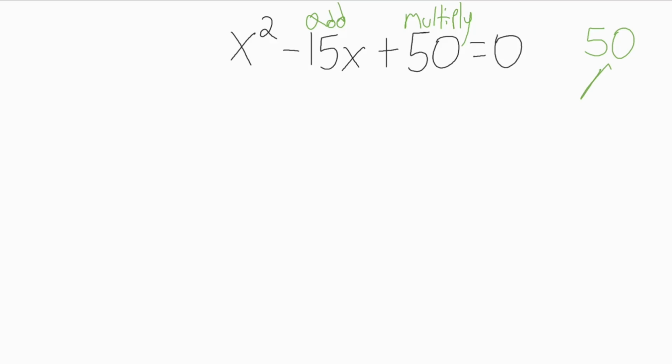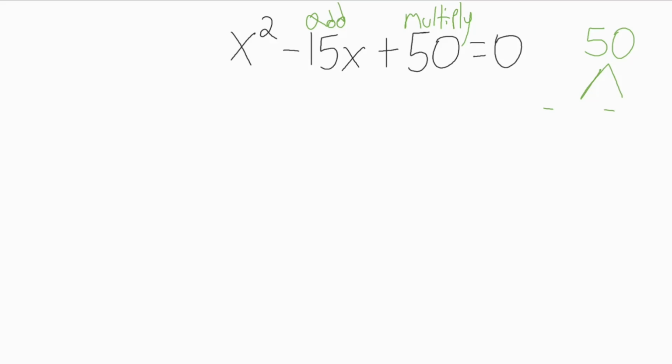Now keep in mind, because we're adding to a negative number, but we're multiplying to make a positive, both of my numbers will have to be negative, because a negative added to a negative will give me a negative, but a negative multiplied to a negative will give me a positive. So we know we're going to have negative values.